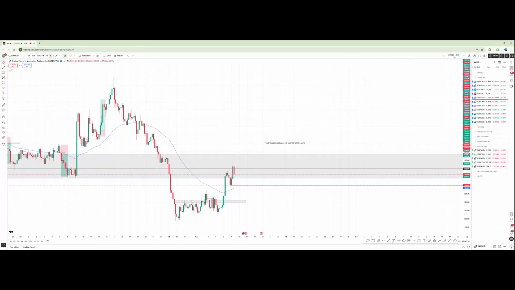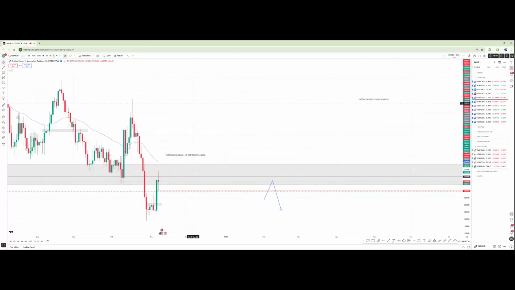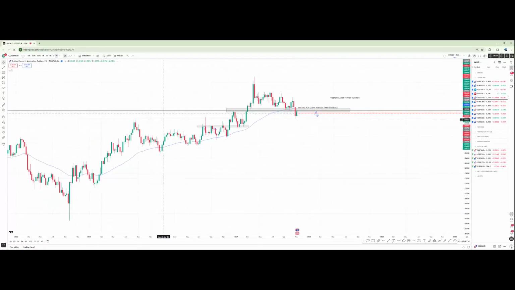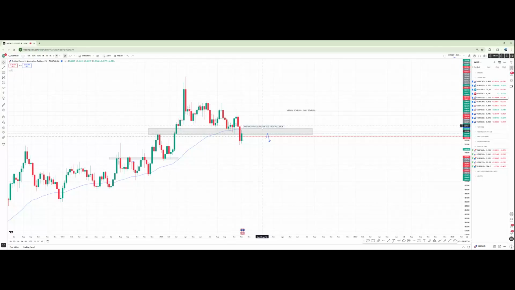So that will be my outlook for GBP AUD, because I don't like that the daily time frame right here closes bullish engulfing. But yeah, in our analysis, we are anticipating that this pair will continue to go to the downside.